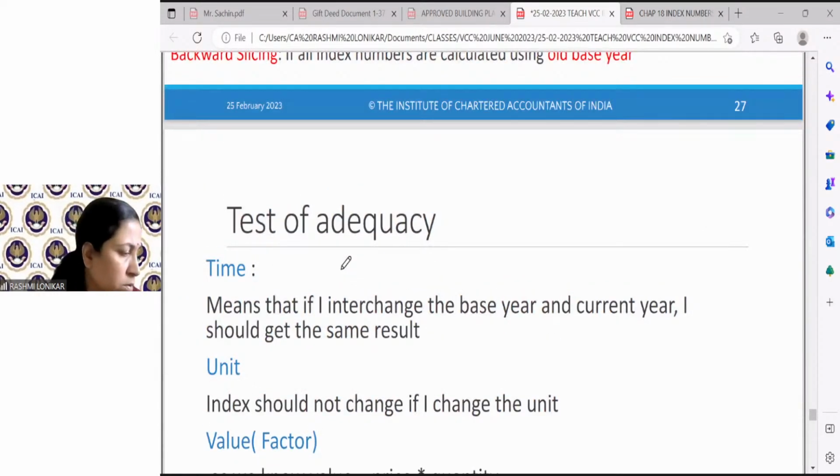I think the weightage has increased now.